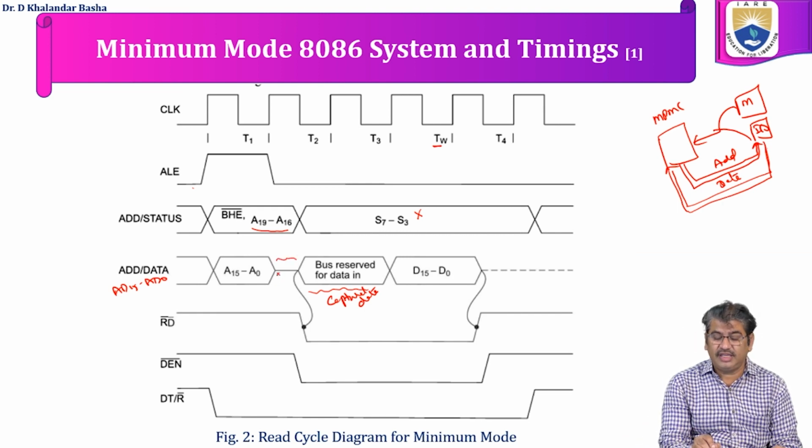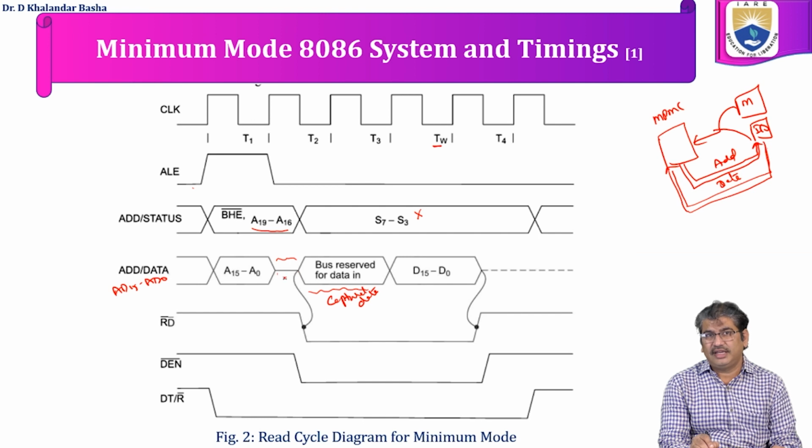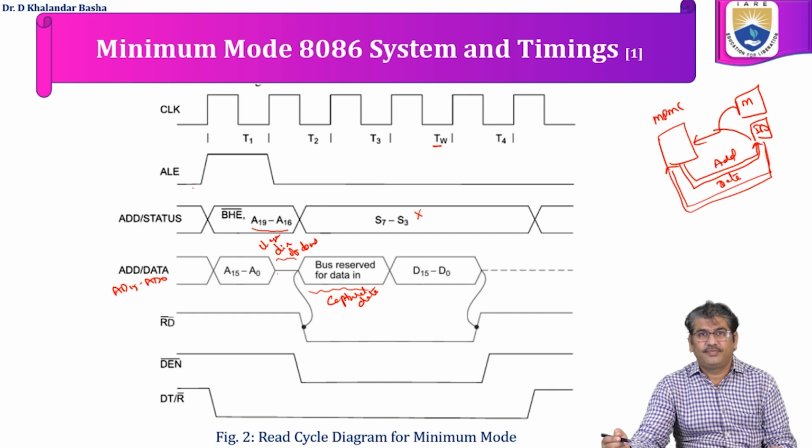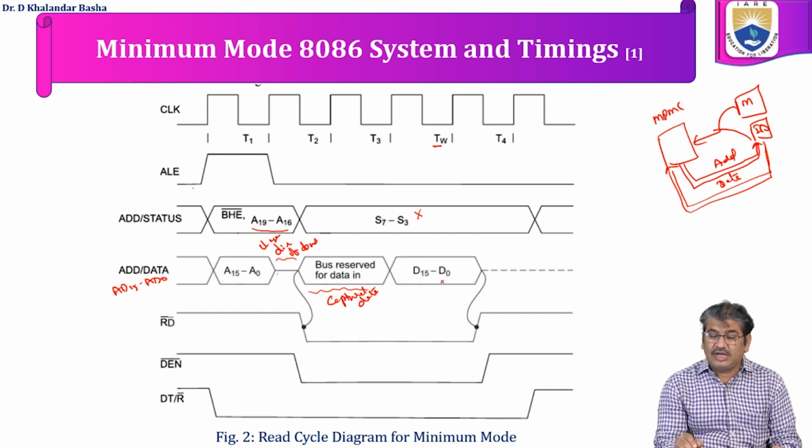That's why here we can see a little bit of latency. This is for changing the direction of bus. The valid data is present on these lines.